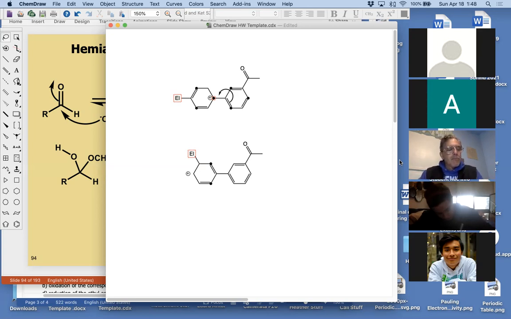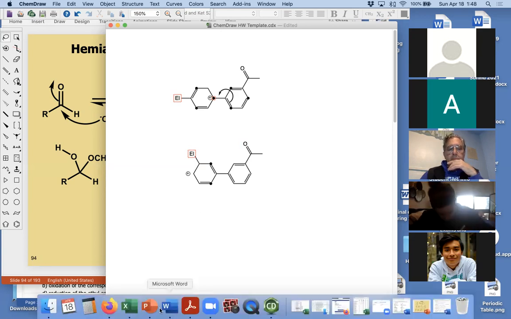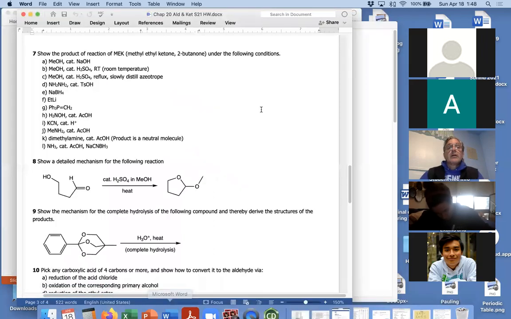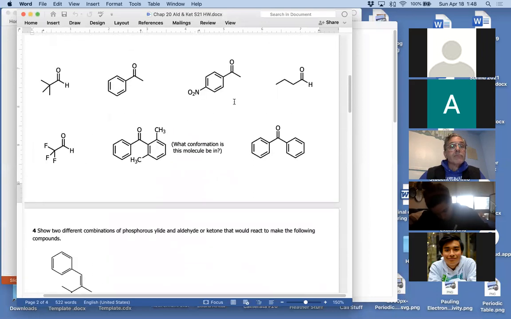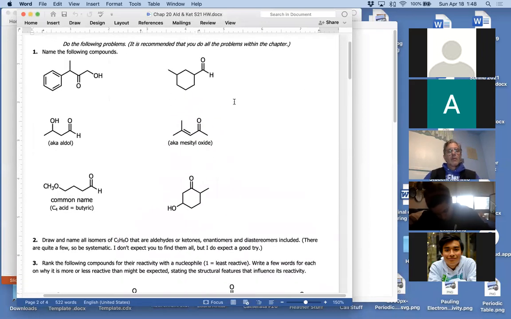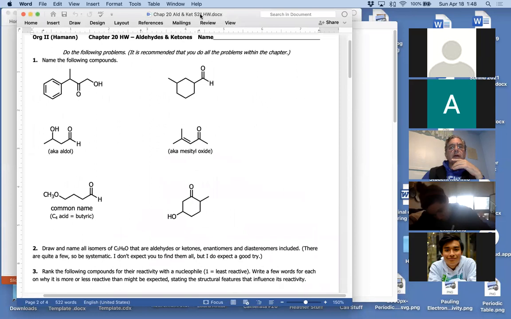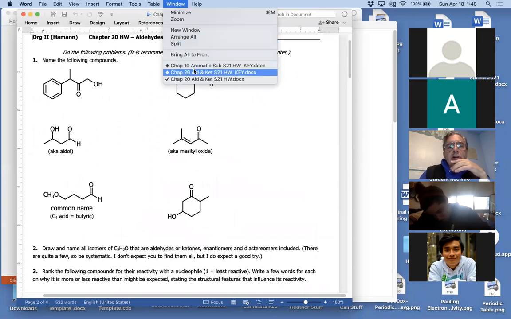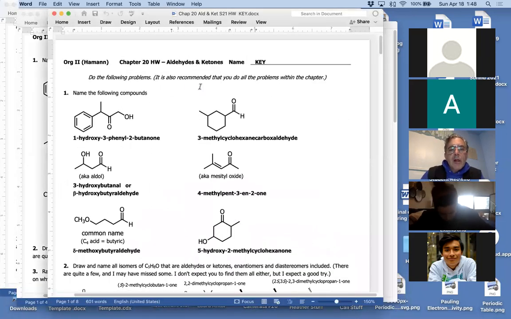Okay, and one more question is on the aldehydes and ketones homework with the naming. I think it was the aldol, and the one right under it where you wrote the butyric. I was confused about the common names, like why one was beta and one was delta in the answer key. The aldol was beta hydroxybutanol.